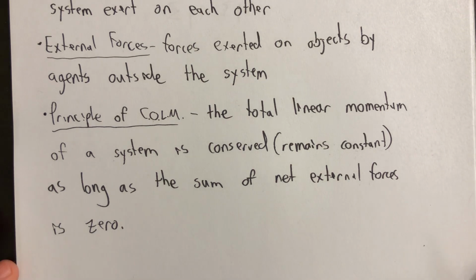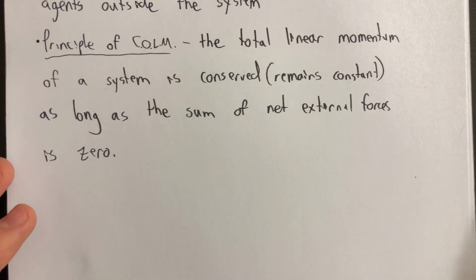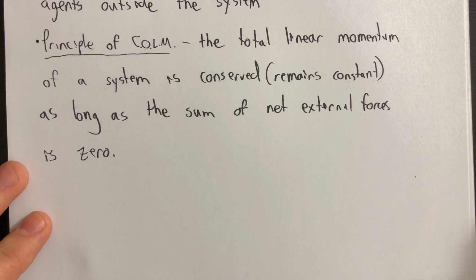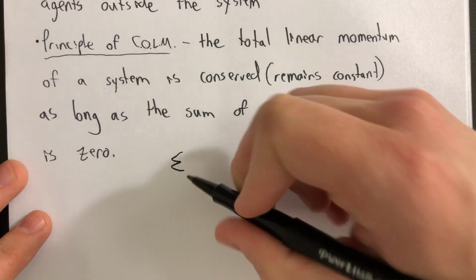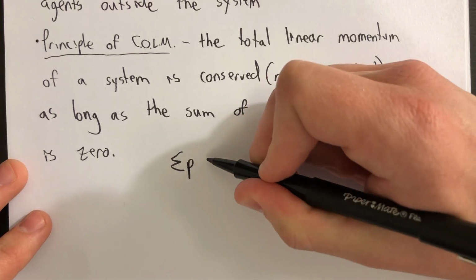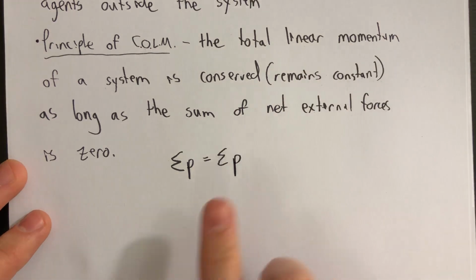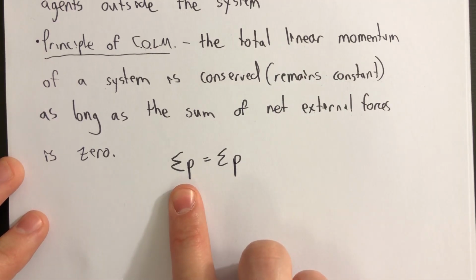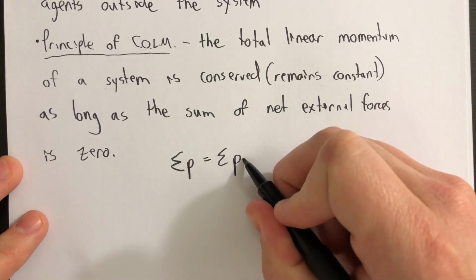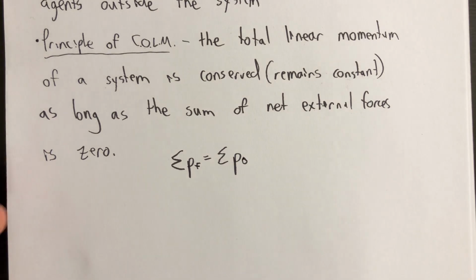And we could put that into an equation form as well. So the sum of linear momentum is the same before and after. We have this word sum that appears, and that implies that we're doing a sum. We have our sigma term that means sum. The sum of our momentum before is equal to the sum of our momentum after. So we're going to put our before symbol, our initial symbol, and our after symbol, which we do F for final.